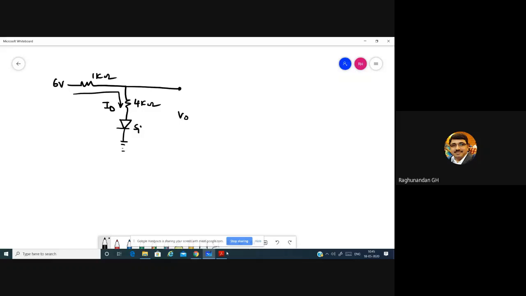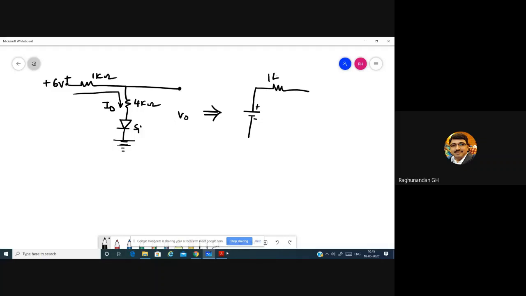They'll be giving the circuit like this. Sometimes they may not give you the closed loop circuit, so this circuit has to be redrawn. They are telling plus 6 volt, which indicates that this terminal is positive. So connect the positive terminal to this, and obviously the other terminal should be negative, which comes on the lower side.